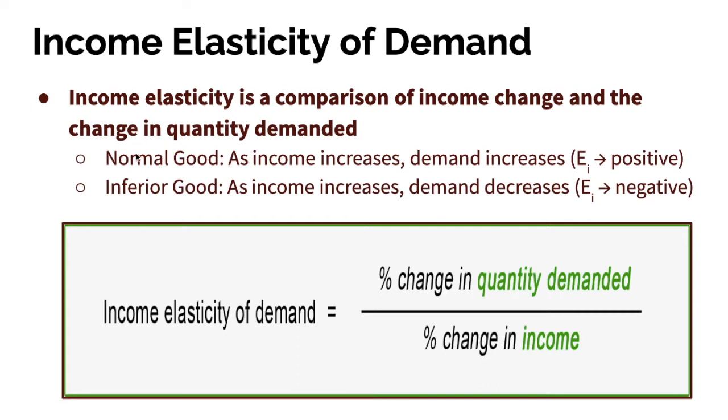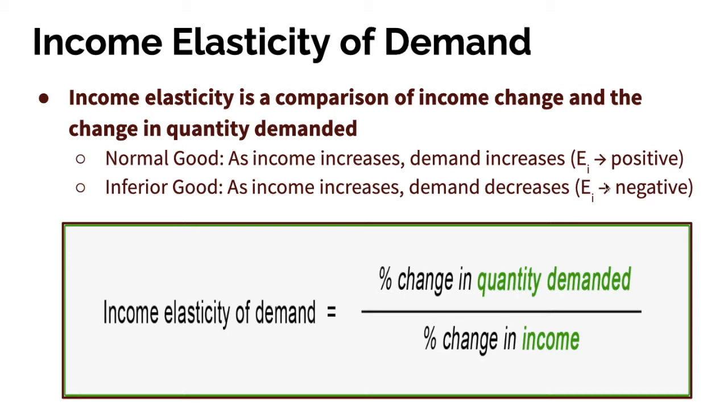It could be a normal good or it could be an inferior good. Now you already know, hopefully, that a normal good, as income increases, our demand also increases. It's normal behavior. With an inferior good, as income increases, demand decreases. It's like we're saying, oh, we got money now. We don't need to buy that thing anymore because it's inferior. Okay, we can get the good thing in our mind, whatever that might be.